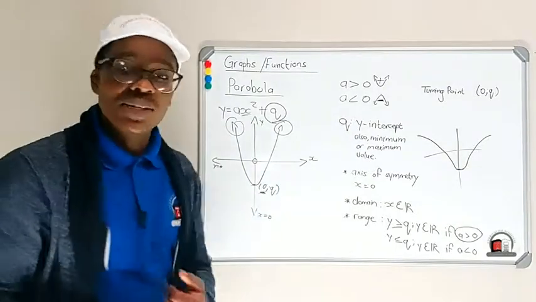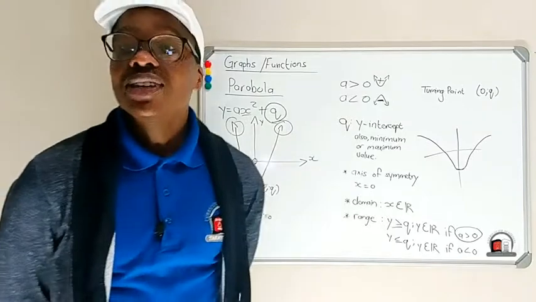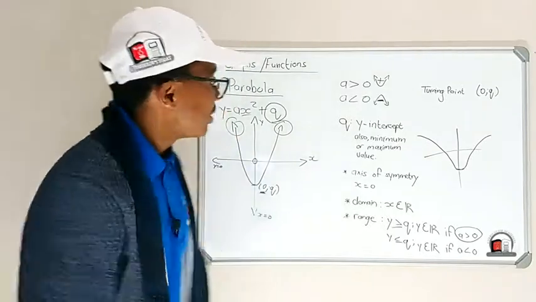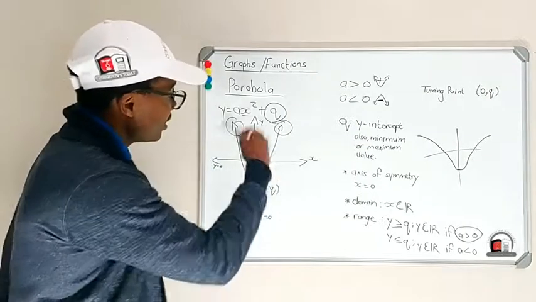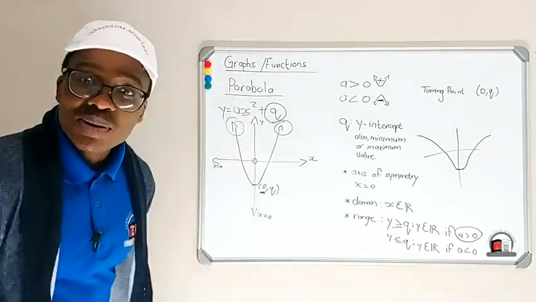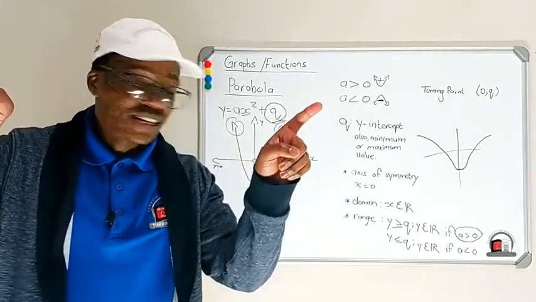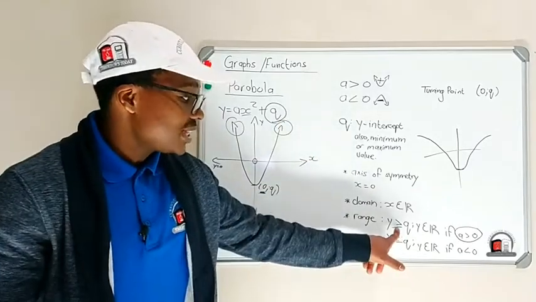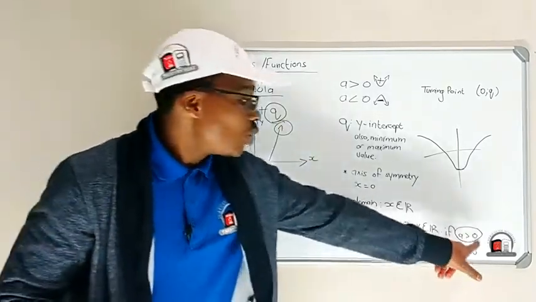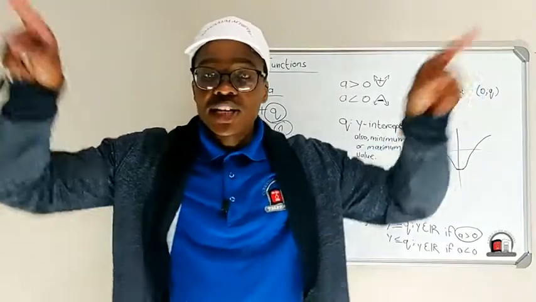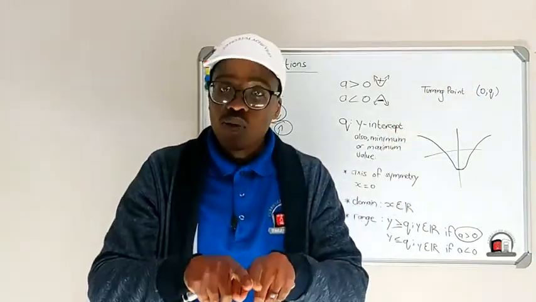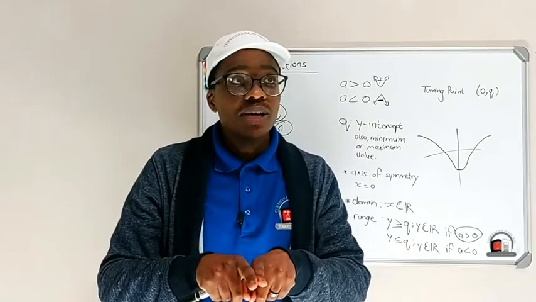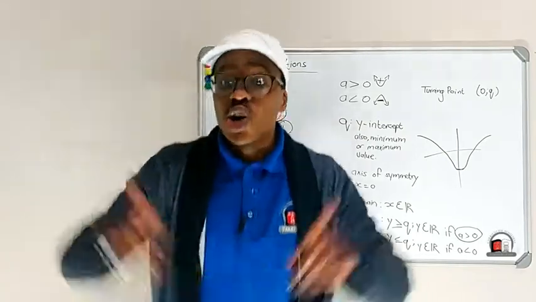Let me explain what that means. That means that a is positive. It's a smiling graph. Do you see that? So this here is applicable only if your graph is smiling. If your graph is smiling, then it makes sense for y to be an element of real numbers going upwards.